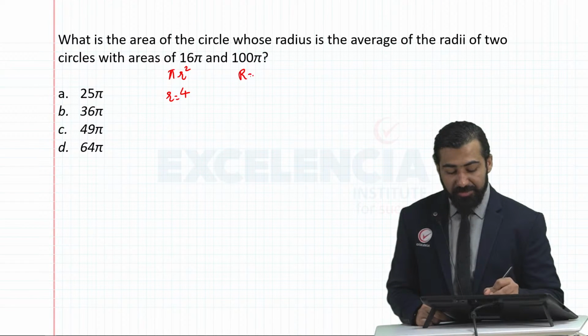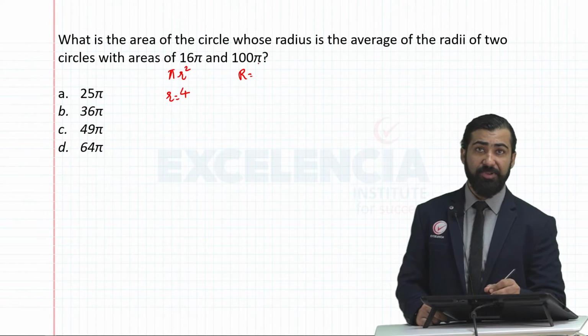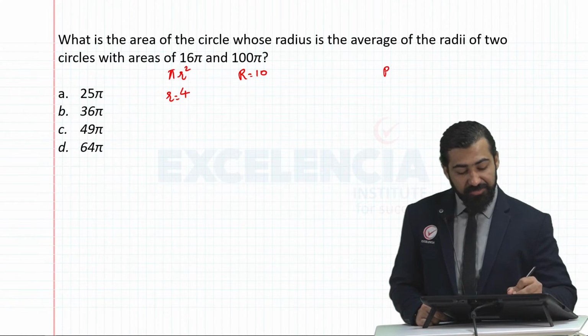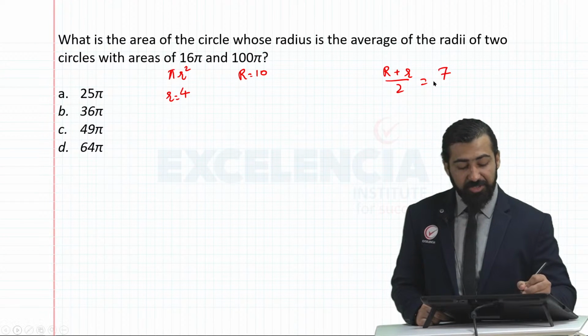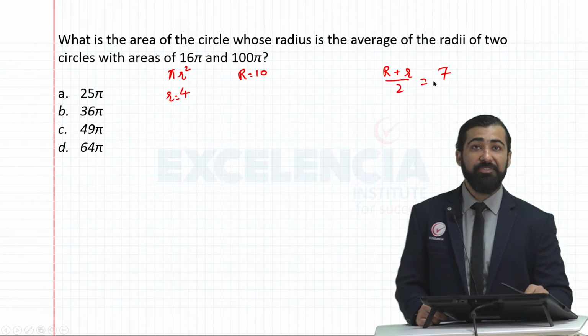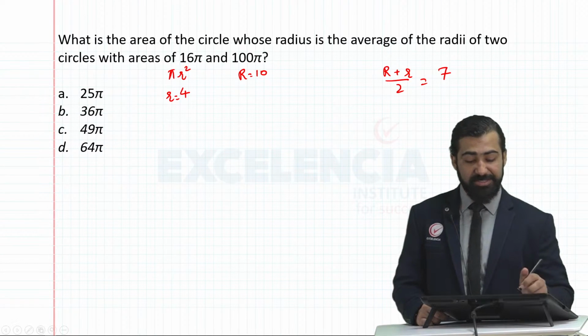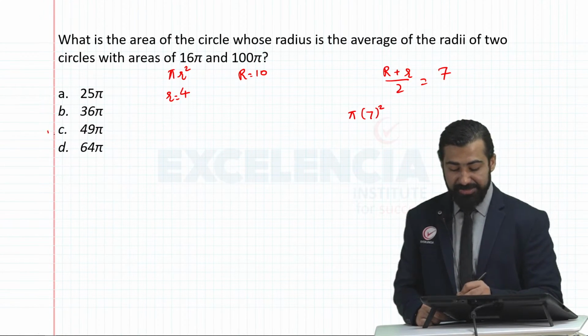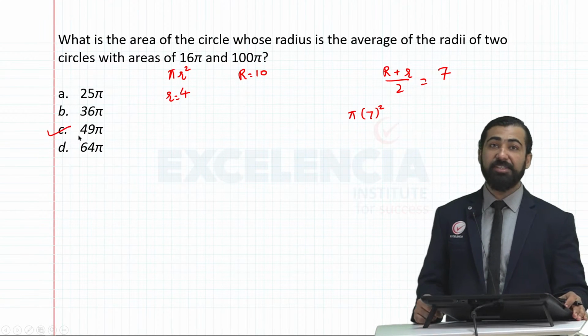Similarly here, pi r square is equal to 100 pi, r square is 100, r is equal to 10. Average of the two radii will come out to be 14 divided by 2 or 7. Area of circle whose radius is 7 will become pi into 7 square or 49 pi square units. So answer is 49 pi.